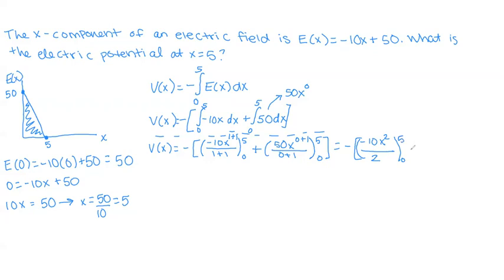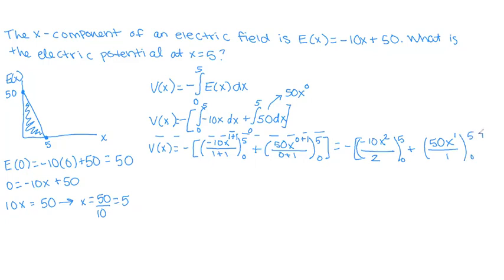Haven't done that yet, so that stays there. Plus 50x to the 0 plus 1, which is 1, divided by 0 plus 1, which is 1, again evaluated from 0 to 5.